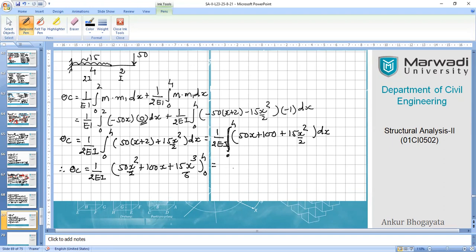So now you can share your answer with me in terms of EI in the denominator, and give me the answer of the numerator. Oh, I can see Deep. Okay. Yes, Deep. So I am getting 480 by EI. 480 upon EI. That's it.